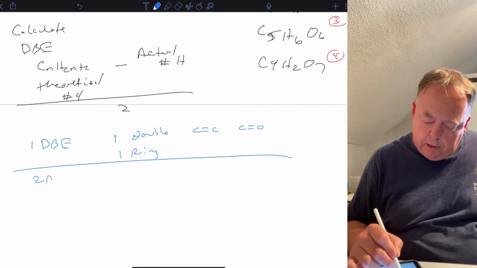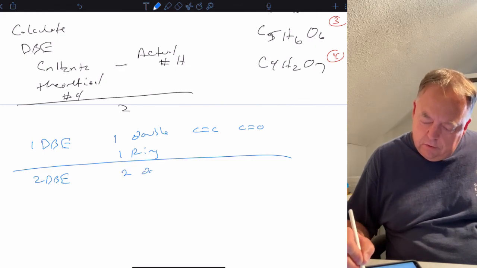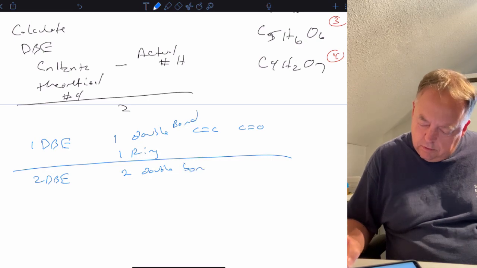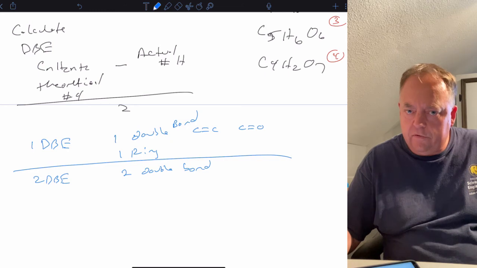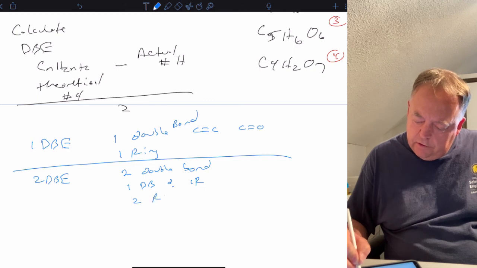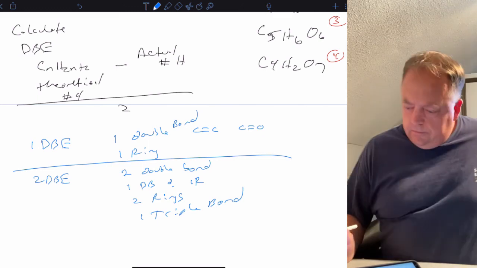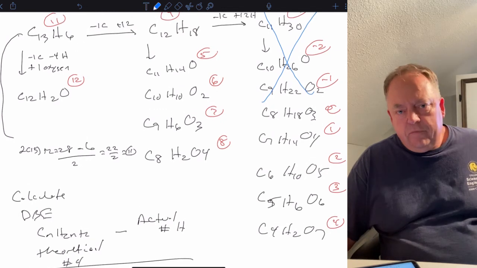If it has two double bond equivalencies, then it could have two double bonds. So it could be two carbon-carbon double bonds, two carbon-oxygen double bonds, or one of each. Or it could have one double bond and one ring, or it could have two rings, or one triple bond. Right?